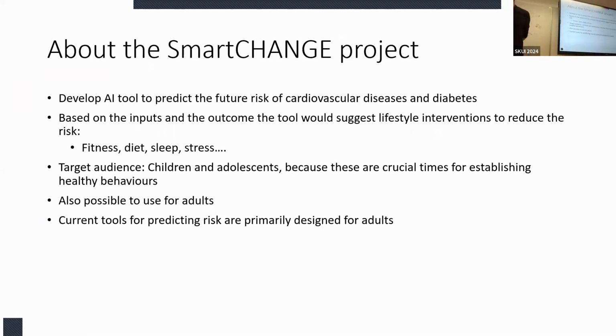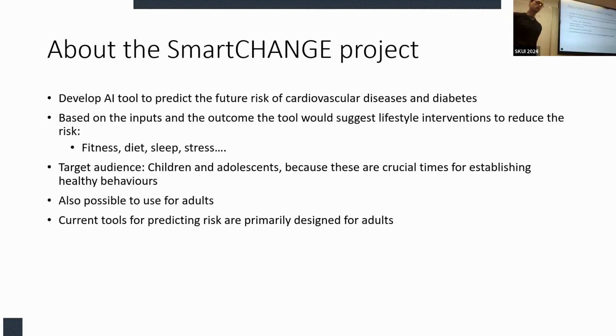So first I'll say a few words about the Smart Change project. In this project, the aim is to develop an artificial intelligence tool to predict future risk of cardiovascular diseases and diabetes. Then, based on the outputs of the models, the tool would suggest lifestyle interventions to reduce this risk.